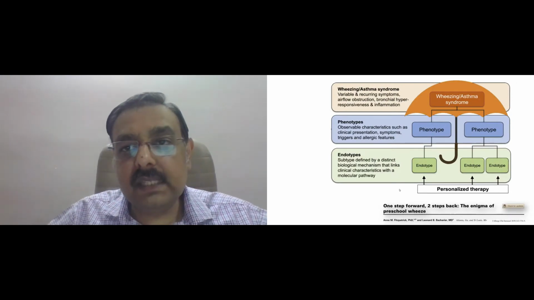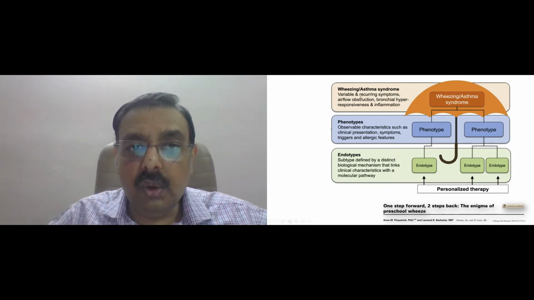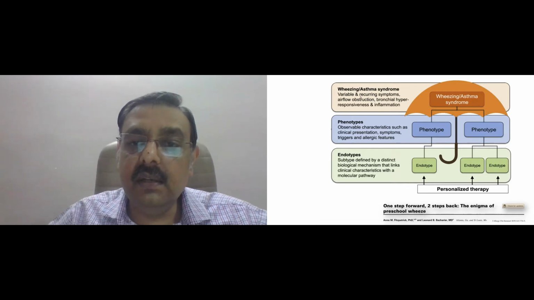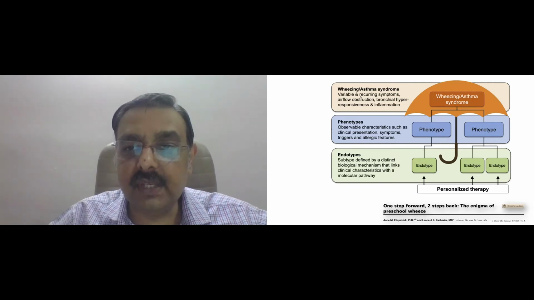When we talk about asthma or wheezing syndromes, we know that all these syndromes present with nearly the same symptoms. So you will have symptoms of recurring airflow obstruction, bronchial hyperreactivity, and inflammation.